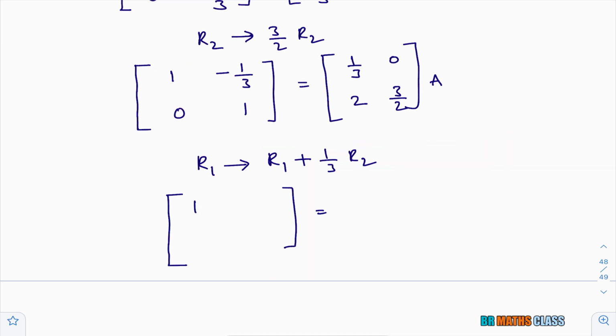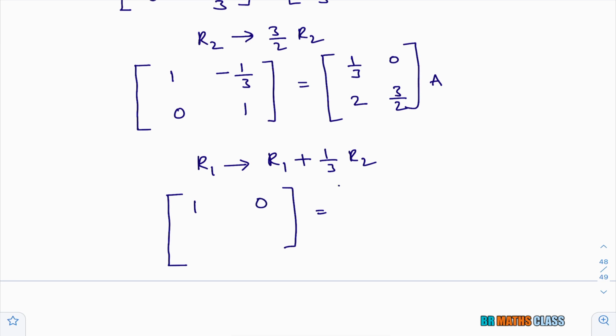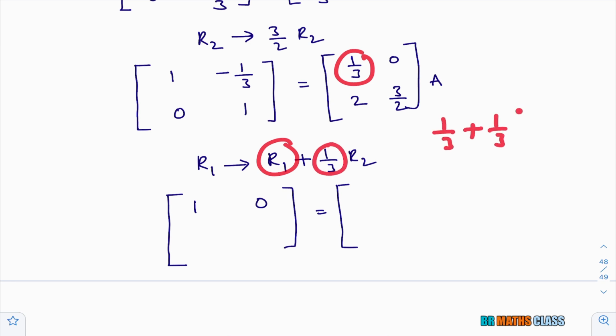Now this element: minus 1 by 3 plus 1 by 3 into R2, which is 1. Minus 1 by 3 plus 1 by 3 is what? It is 0. You will get 0 here. Now come to this element.